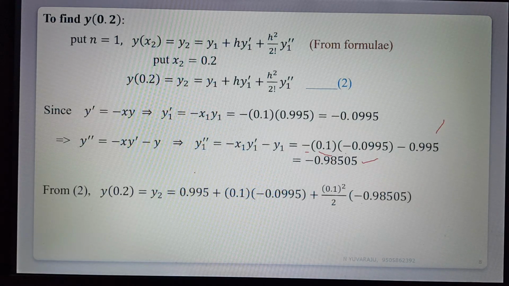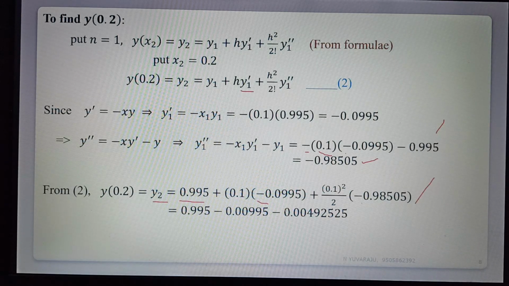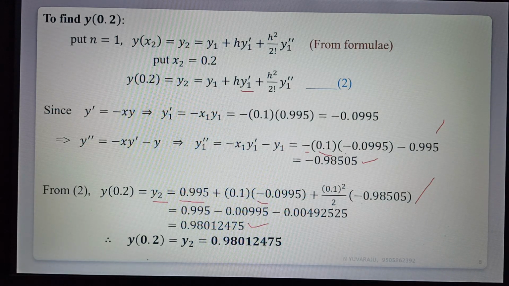So from equation 2, y of 0.2 is equal to y2, substituting y1 value 0.995 plus h, step length 0.1, into y1 dash value minus 0.00995, plus 0.1 whole square into this value minus 0.98505. Simplification is, so this is the required value, y2 value. Y of 0.2 is equal to y2 is equal to 0.9801247. So this is the Taylor series method.